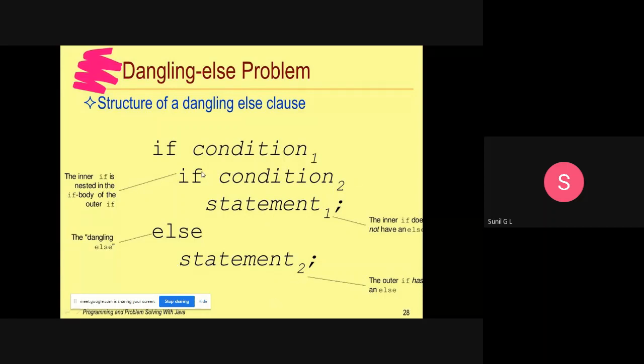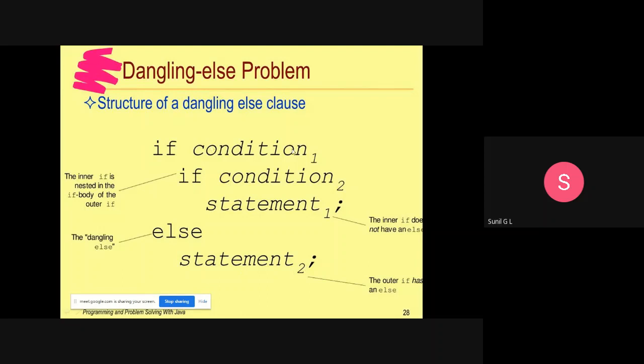Suppose condition 1 is true, then we come inside. If condition 2 is true, we execute statement 1, else we execute statement 2. If the first condition is false, then we come to the else part and execute statement 2.